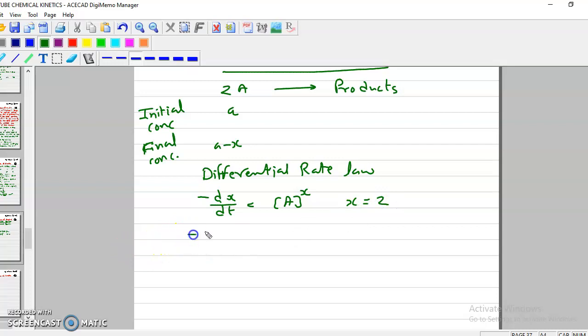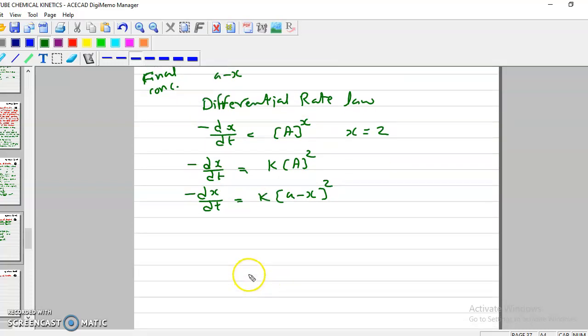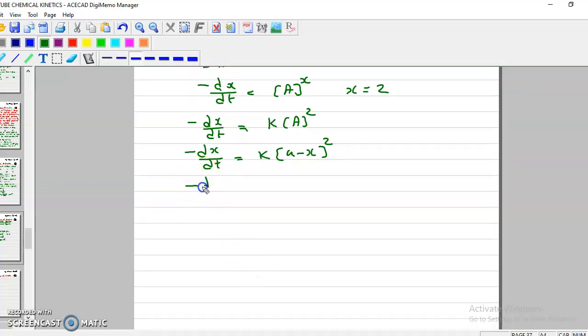So minus dx by dt is equal to k into (a minus x) whole square, where this is the concentration at final. Change the sides so that we write minus dx upon (a minus x) whole square is equal to k dt.